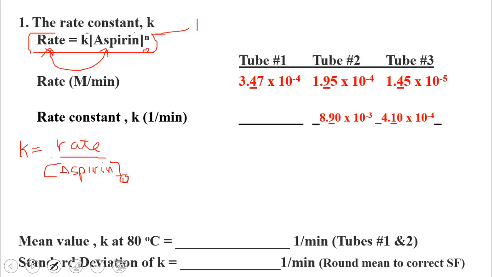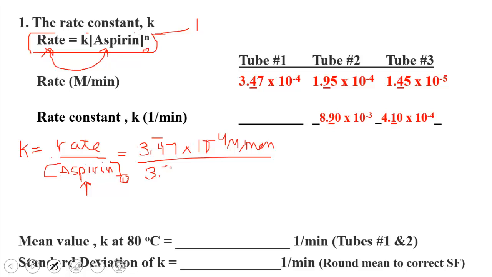And so here, our rate that we found for test tube number 1 was 3.47, and the line underneath is showing my line up here for sig figs, times 10 to the minus 4, and that is molarity per minute, divided by the initial concentration of aspirin going way back in our table here.